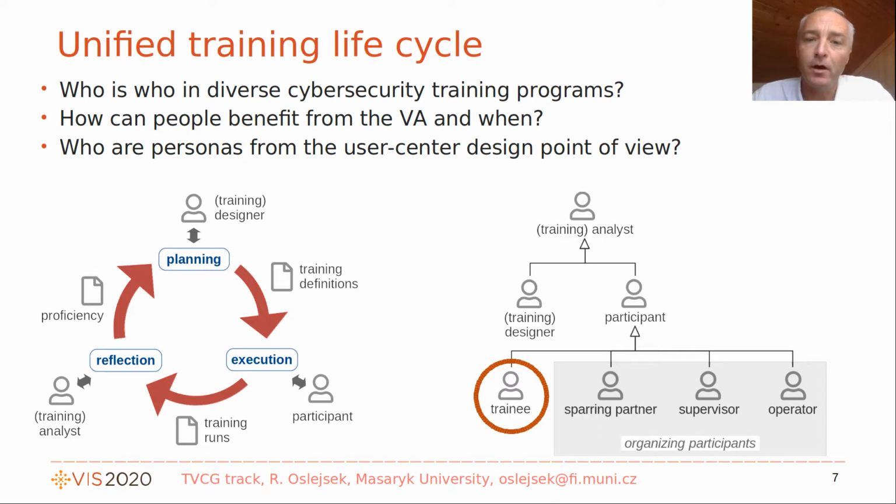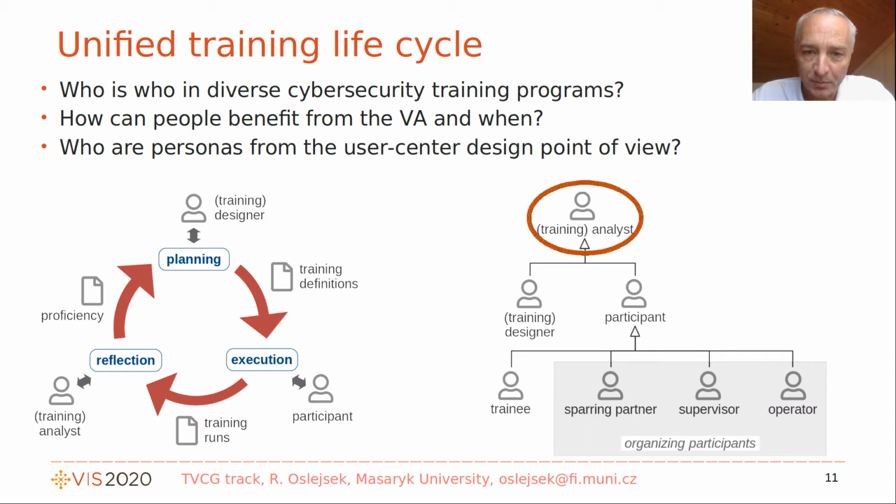Usually, there are tutors or judges who supervise the training session. There can be sparring partners of trainees, like attackers. And because training sessions are usually organized in complex distributed environments, referred to as cyber ranges, there can also be operators of such cyber ranges involved in the analysis of the data.